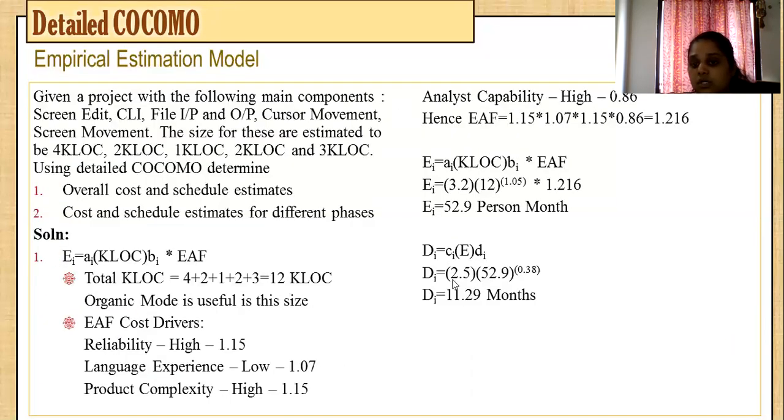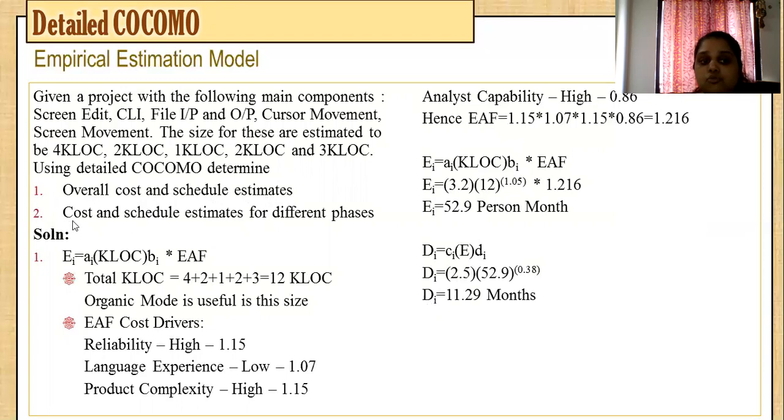So I have substituted the values 2.5, 0.38 and effort is 52.9. So duration will be 11.29 months, which is roughly 11 months. So this is your first part where you have calculated overall cost and schedule estimates.